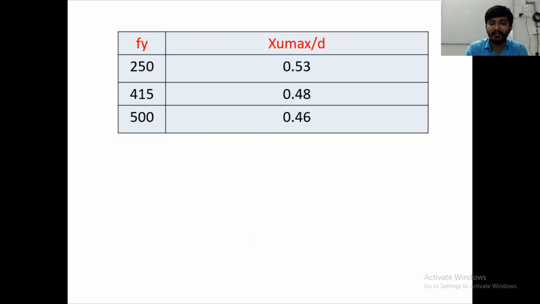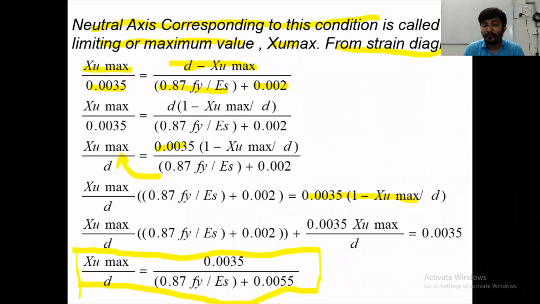Now using this equation, we can find this XU max by D value. The important point to observe here is that this XU max divided by D value is dependent on the grade of steel only. So if you know the grade of steel, you can easily calculate the XU max divided by D value using this equation, which is given in the yellow box, right?